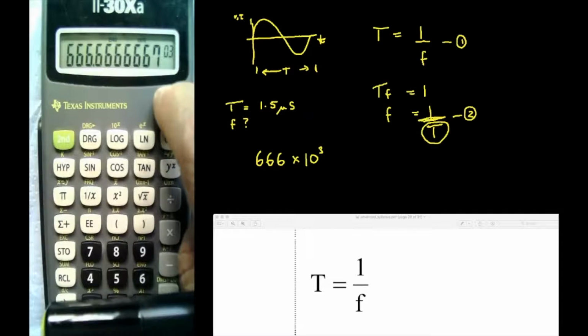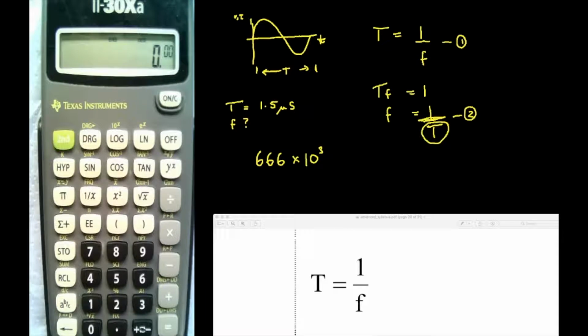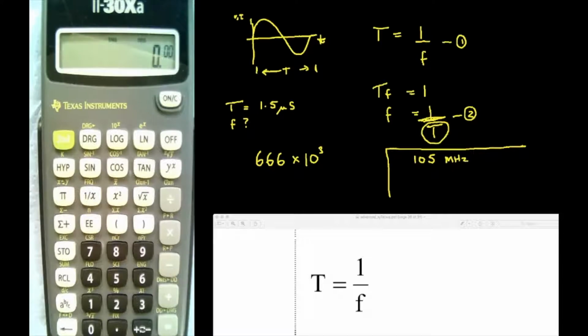We'll do another one now. We'll say, if I can just get an area of screen, this new calculation here, we'll say there's a frequency of 105 megahertz. What does T equal?